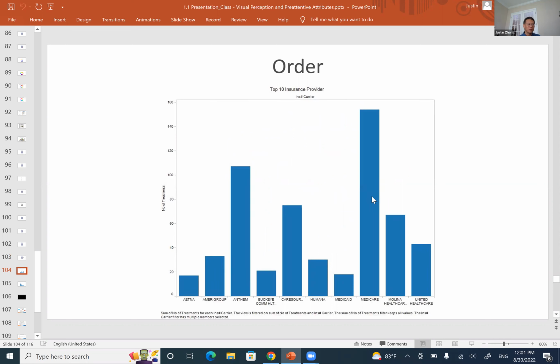Order is sometimes also a very important pre-attentive attribute. In this chart, you can see all the bars are ordered in alphabetical order.